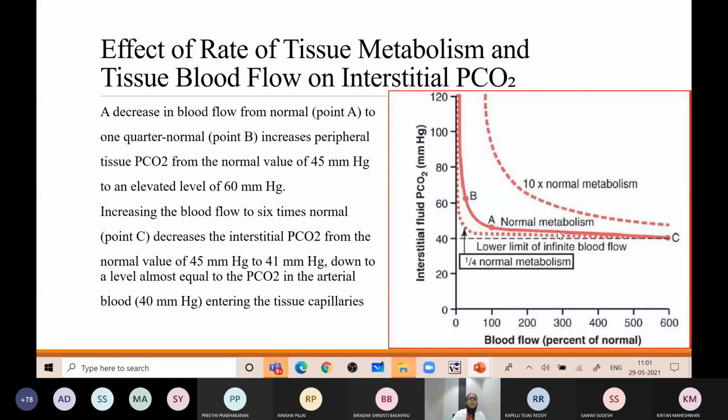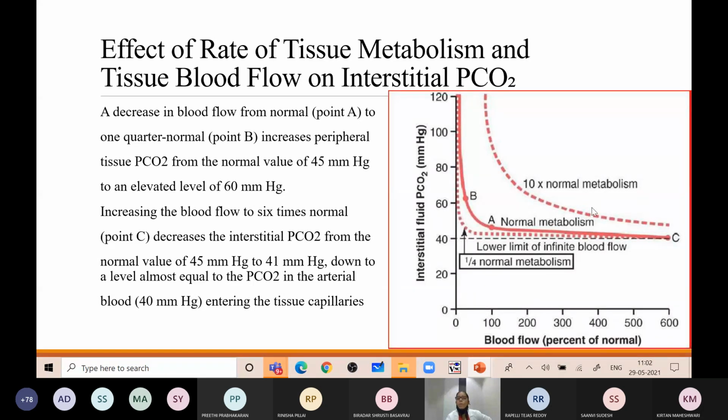Okay, now coming on to the effect of rate of tissue metabolism and tissue blood flow on interstitial PCO2. So this is the normal metabolism. If there is a decreased metabolism, that is 1/4 normal metabolism, and this is 10 times the normal metabolism.